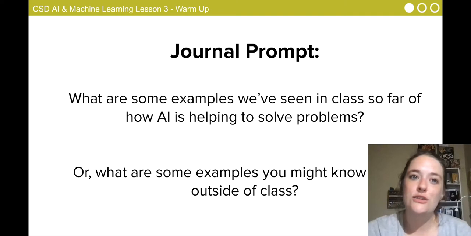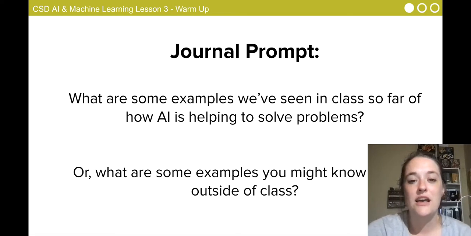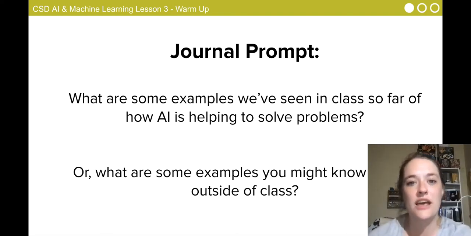You may also draw in examples of AI from outside of the classroom, especially if there has been a recent story in the news. So we want to specifically focus on examples that use AI specifically, especially examples that involve making decisions from data, like what we have been talking about in class.